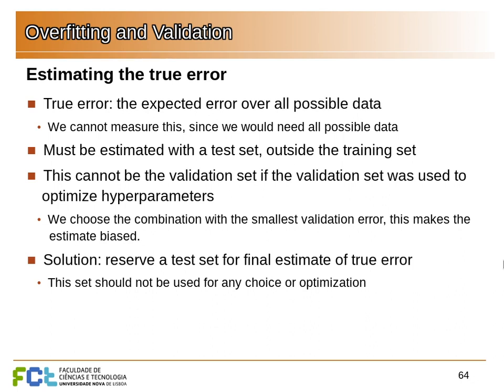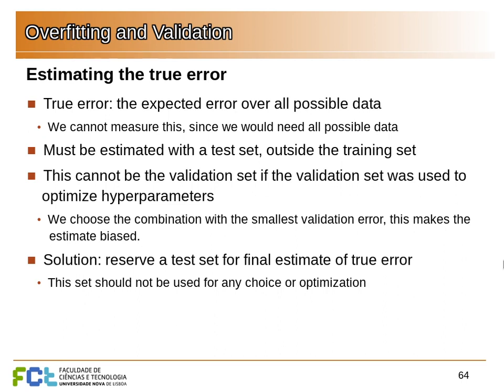But if you're using the validation error to select different networks, then you're already biasing it, because you're using that information to adjust things in order to minimize that error. And that makes it biased. So since we generally use validation error to fine-tune things, that will not be a good estimate of the true error, and for that we need a test set that we never used for any decision, and we only use at the end to get this estimate. So this is important, yes?